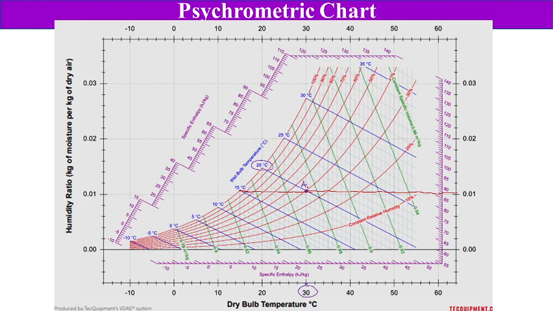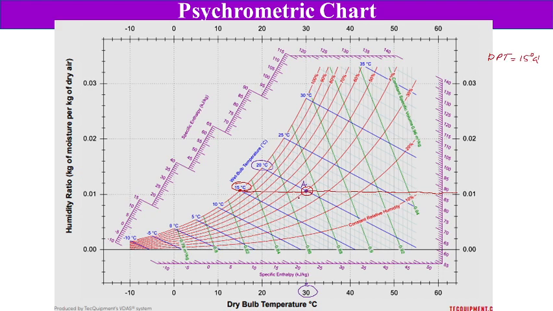If we extend this line from point A in the horizontal direction, here is 15 degrees Celsius. This 15 degrees Celsius is the dew point temperature. So dpt is 15 degrees Celsius from this graph.